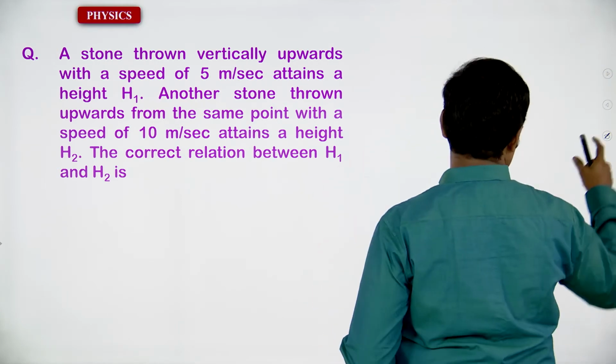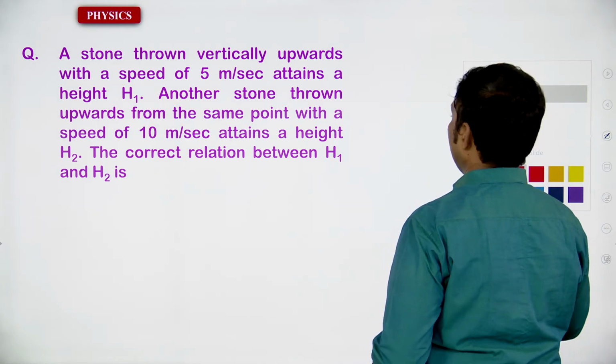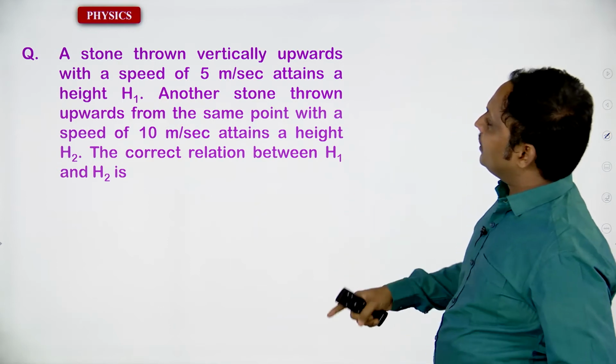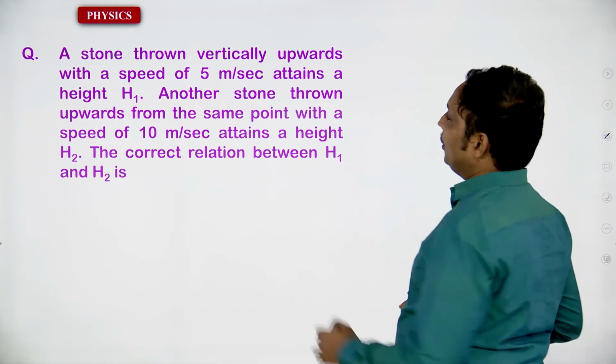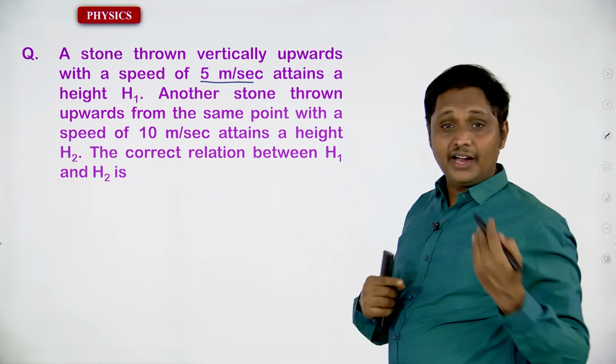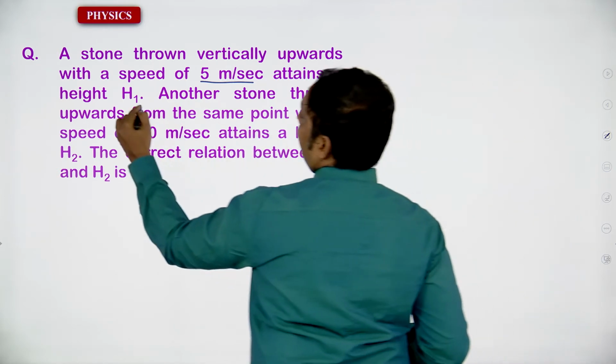It is very clear, everybody has to find this one. A stone thrown vertically upwards with a speed of 5 meters per second attains a height h1.